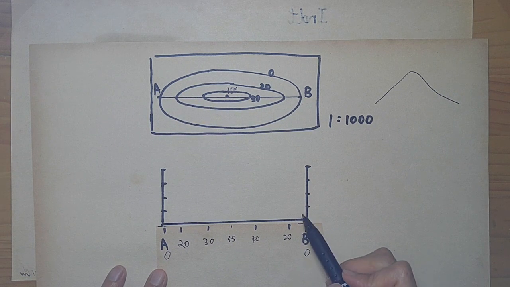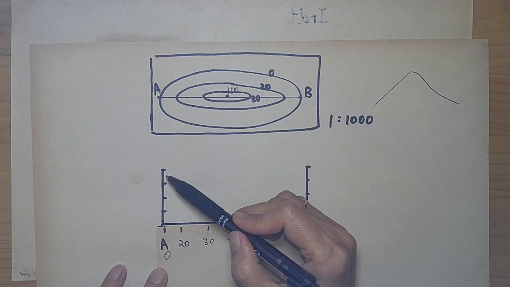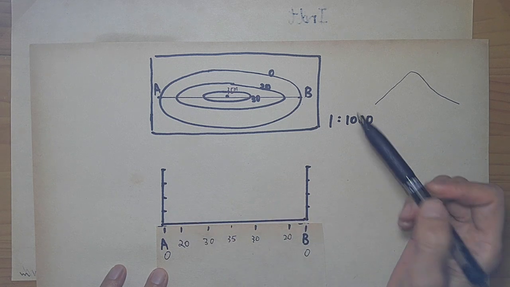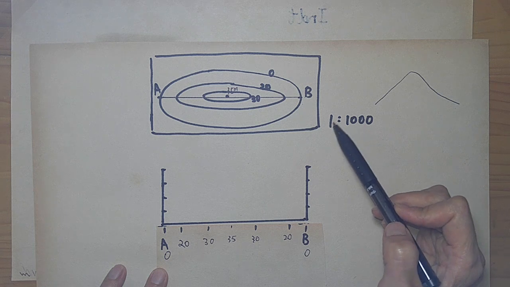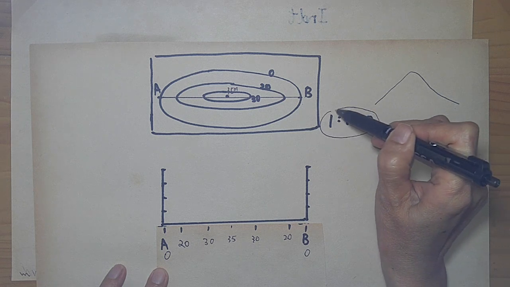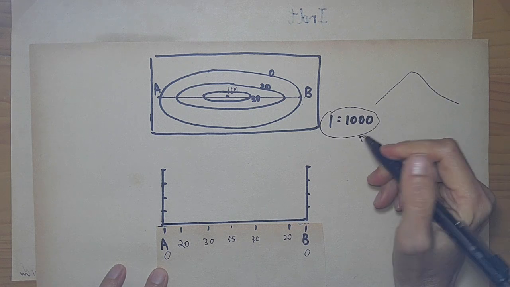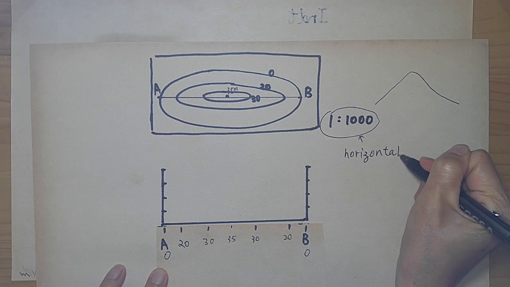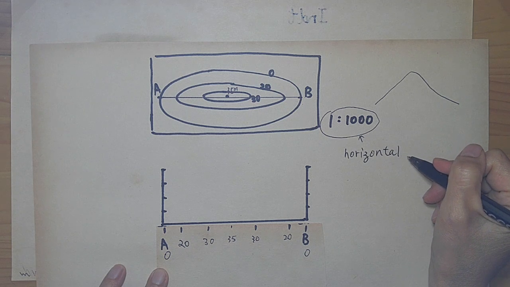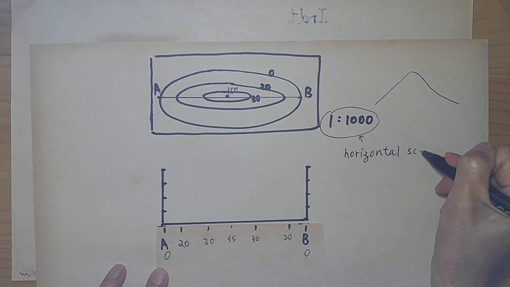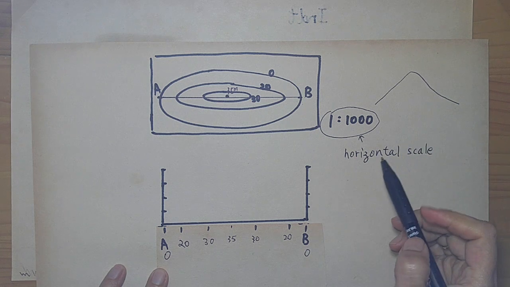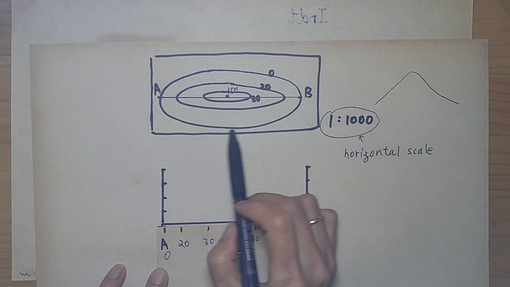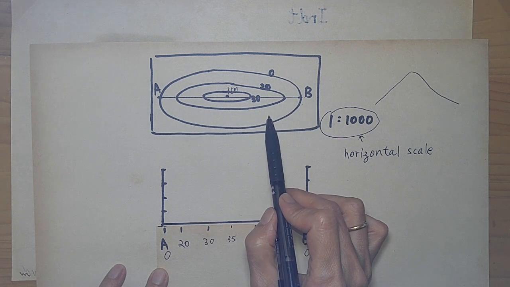Alright, now you need to draw the scale here. Now this shows you the scale, this one. Now what do you call this? This is called horizontal scale, 水平比例. So this is horizontal scale showing this contour map.